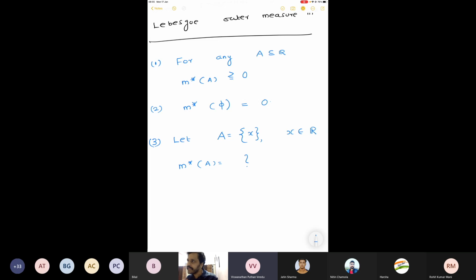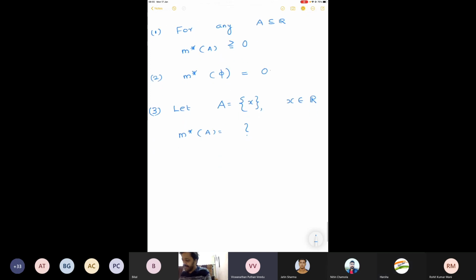To find M star of anything, first I have to think of a cover consisting of open intervals, and then consider all possible covers and so on. Can you think of one cover containing A, consisting of epsilon neighborhood intervals of x? The epsilon neighborhood of x. So can I take x minus 1 by n, x plus 1 by n, for instance?